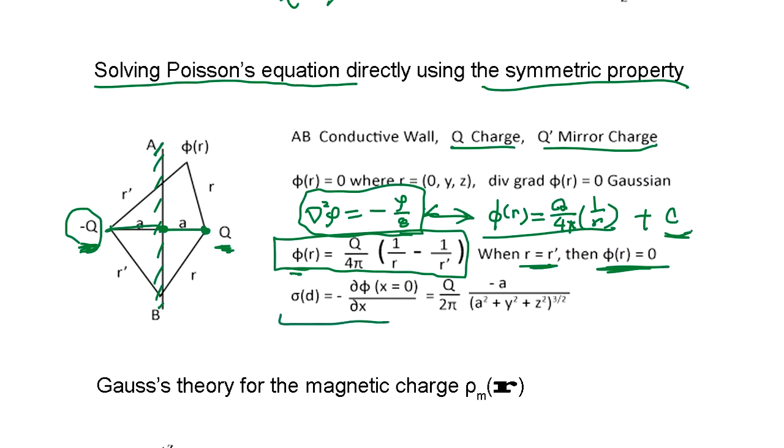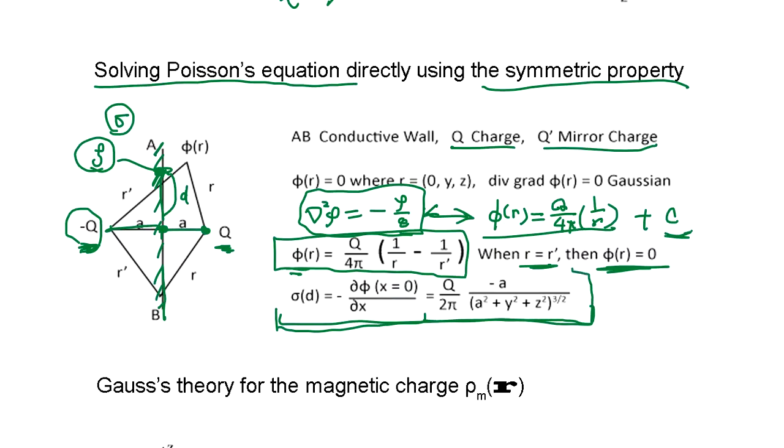Then sigma d is, you take a distance d and check. This is a volume, rho is a volume charge distribution, but sigma is a surface charge distribution. How the charge is distributed on the mirror, we can get that by taking the derivative of phi, and that's how it looks.